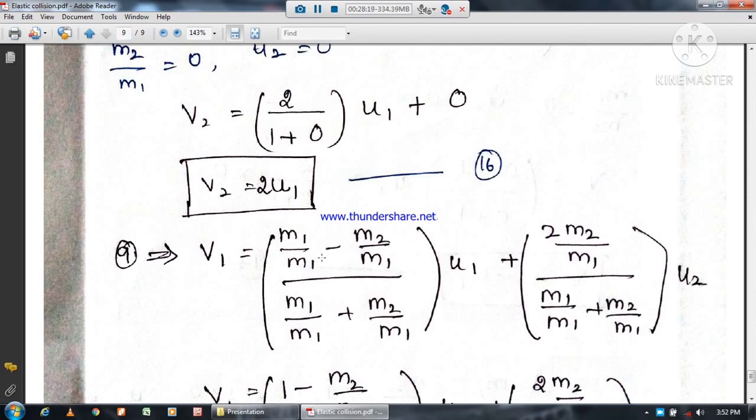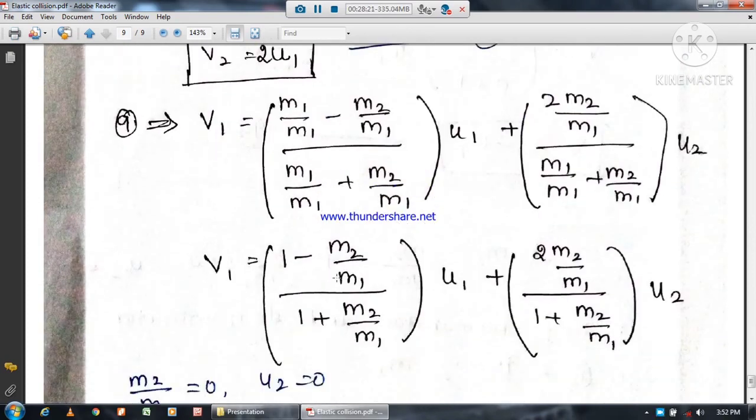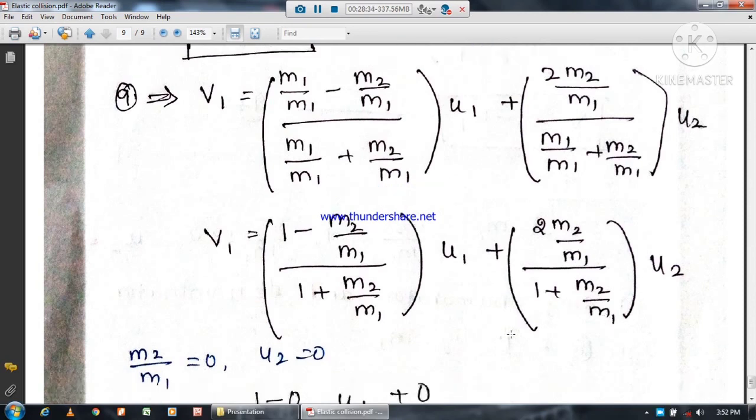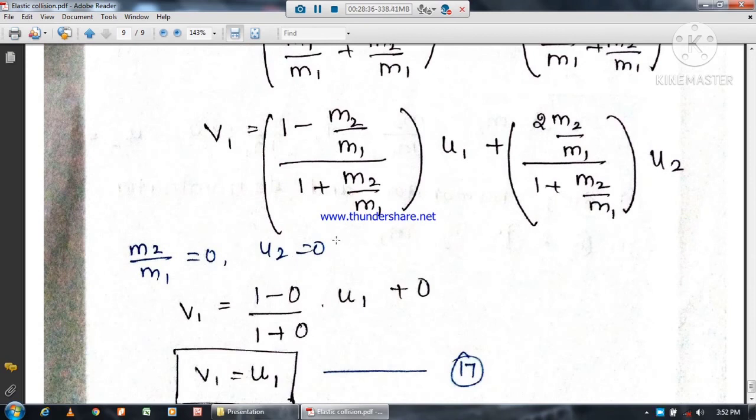Now we divide the numerator and denominator of equation number 9 by m1. We get v1 is equal to (1 minus m2 divided by m1) divided by (1 plus m2 divided by m1) into u1, plus 2 m2 divided by m1, the whole divided by (1 plus m2 divided by m1) into u2.